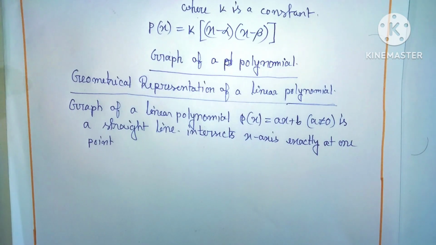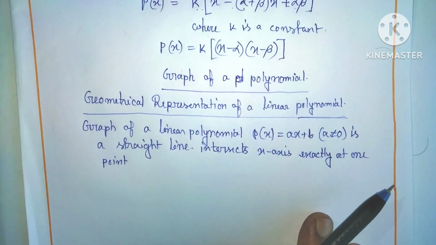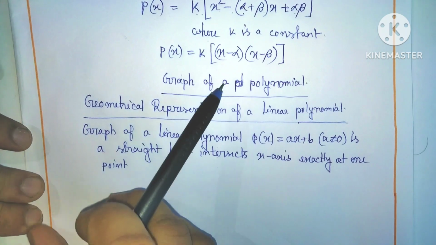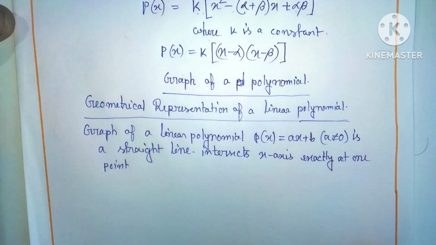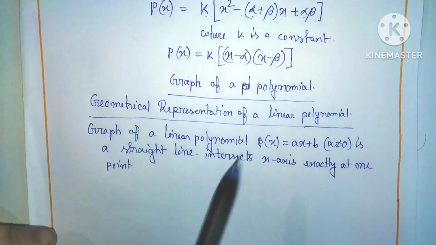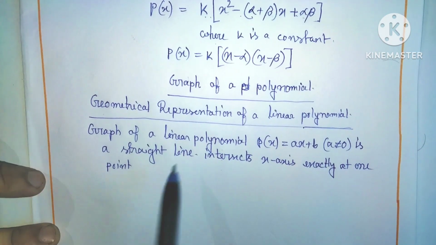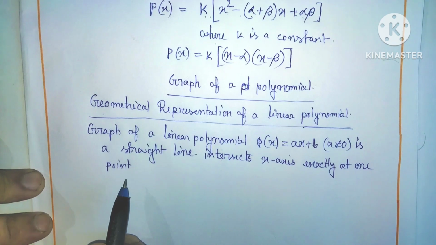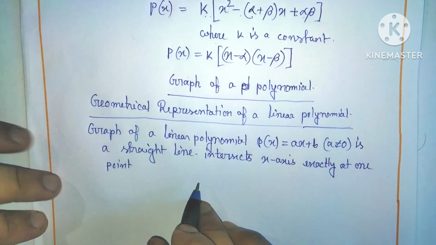Suppose a graph of any polynomial intersects the x-axis. So the graph of a linear polynomial intersects the x-axis exactly at one point, so its zeros will be 1.